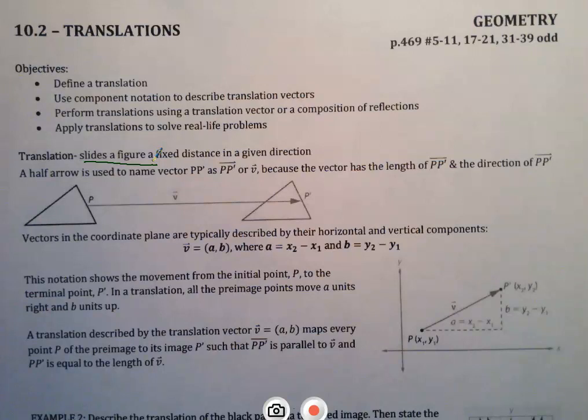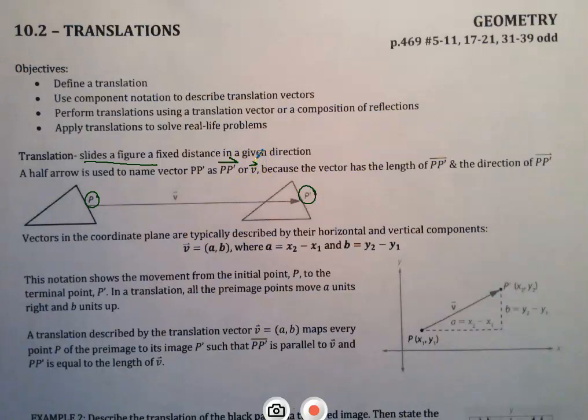All right, so then we have this awesome diagram here of two triangles. Notice we have P and P prime. So it's the original location, the pre-image, and its image. A half arrow is used to name the vector from P to P prime, as vector PP prime, or we can call it vector v.